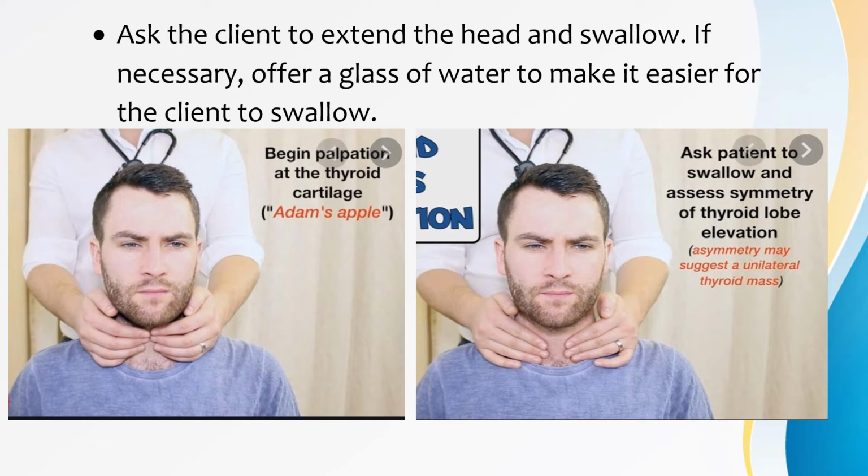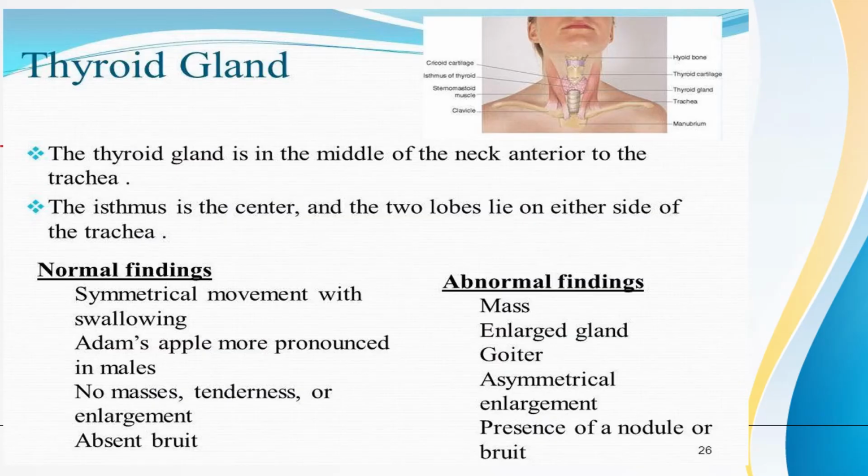So this action determines how the thyroid and the cricoid cartilage move and whether swallowing causes bulging of the thyroid gland. As we know, the thyroid gland normally is found on the middle of the anterior of the trachea, with the isthmus as the center and 2 lobes lying onto the left side and the right side.